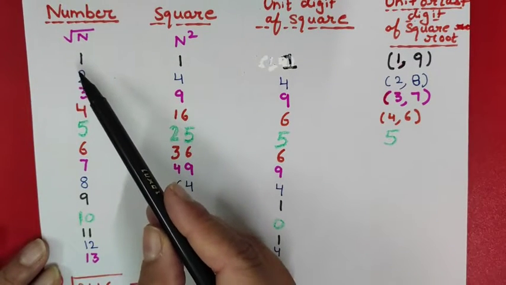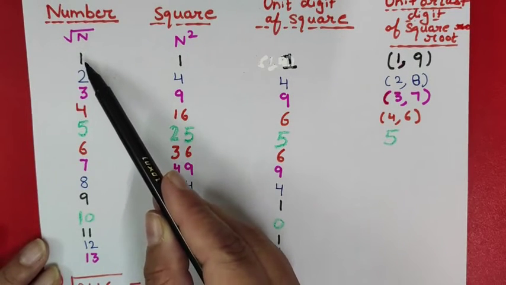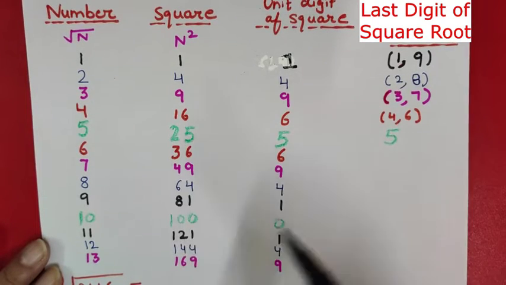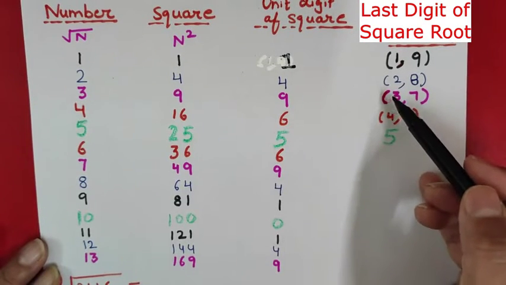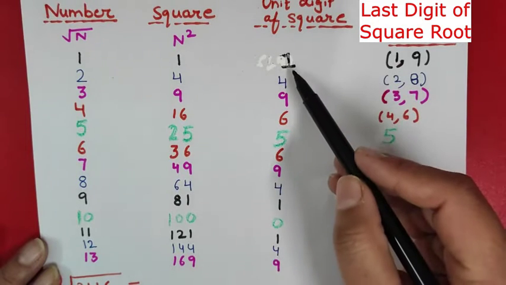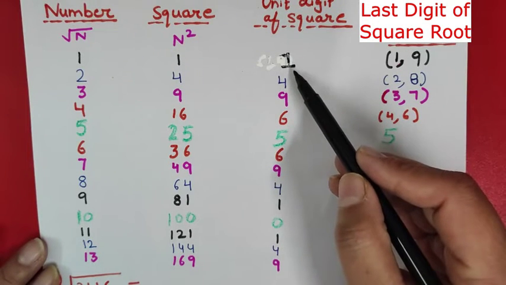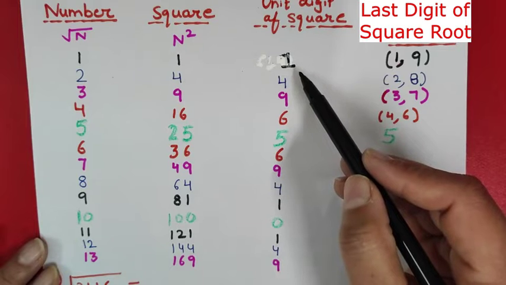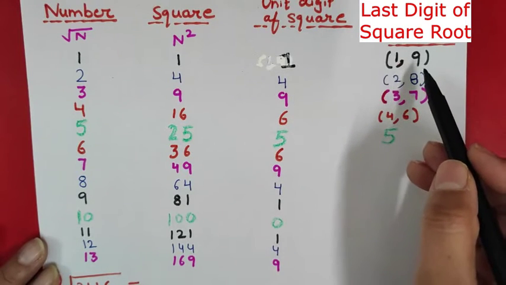And their square roots have their unit digit as either 1 or 9. So from this we come to the conclusion that whenever the unit digit of a square is 1, its square root will end either in 1 or 9, right?